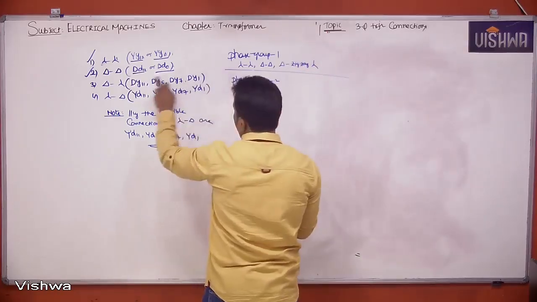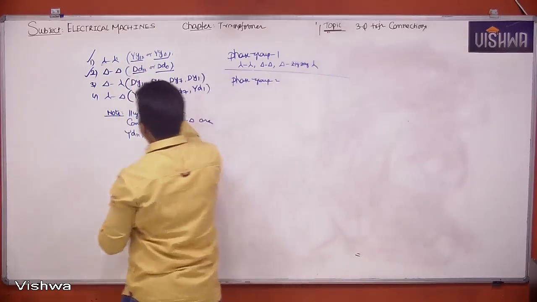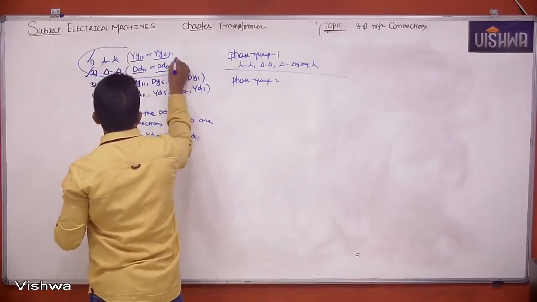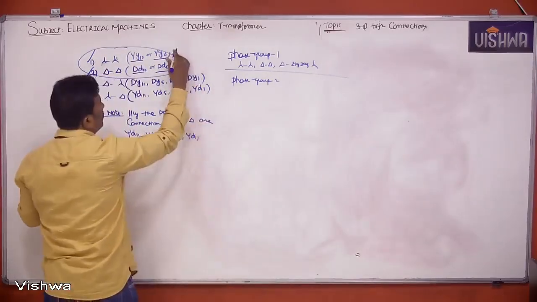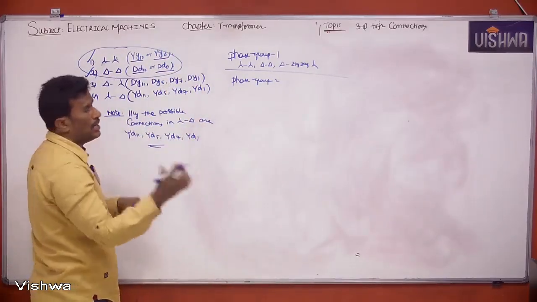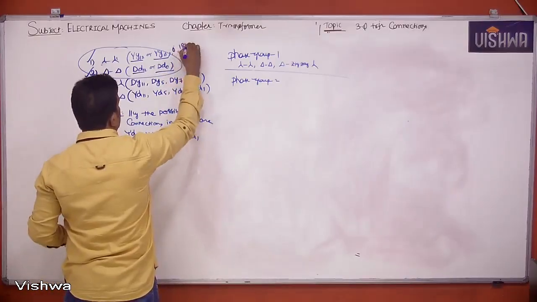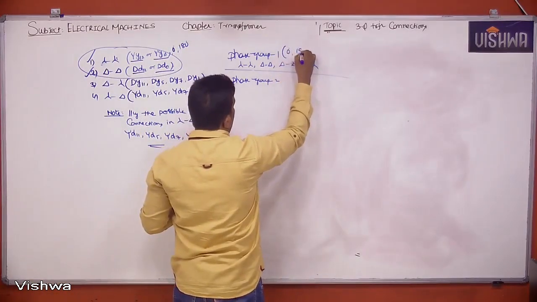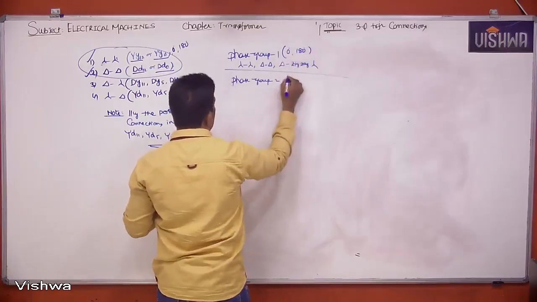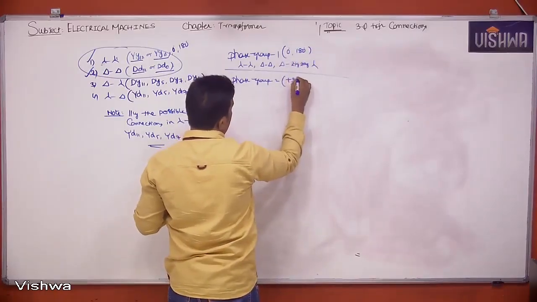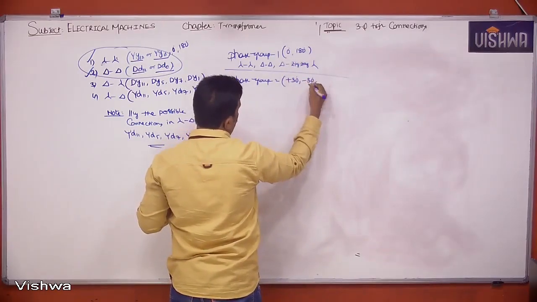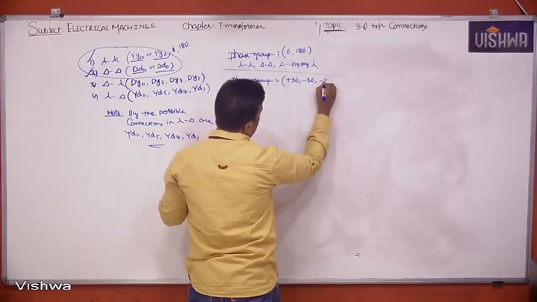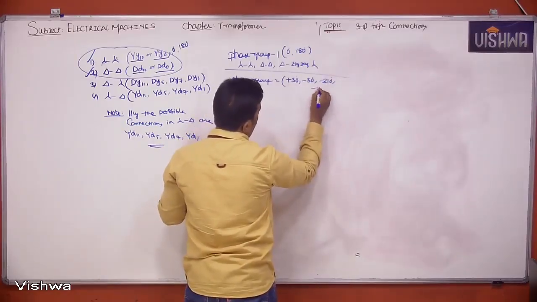What are the possible angles you are getting between the secondary line voltage and the primary line voltage? 0 degrees, 180 degrees. So phase group 1 means 0 degrees, 180 degrees. Phase group 2 means plus 30, minus 30, plus 210, minus 150 degrees.